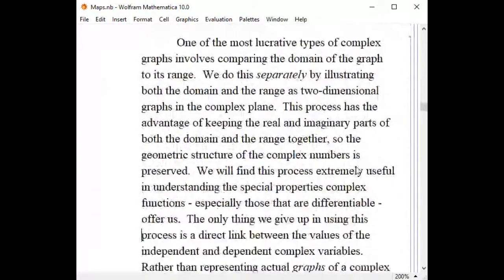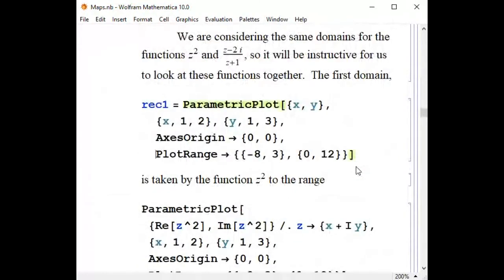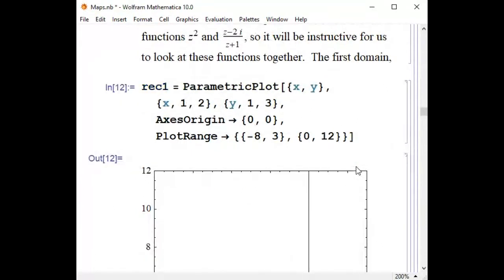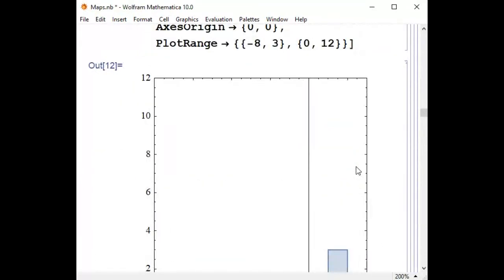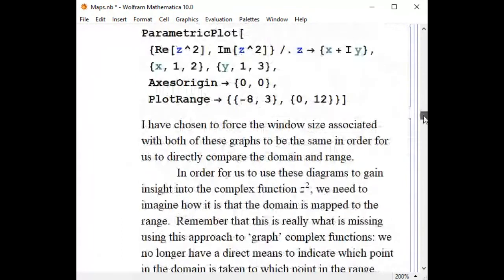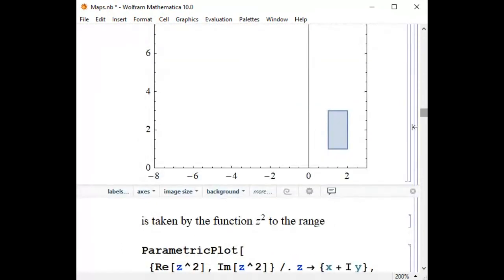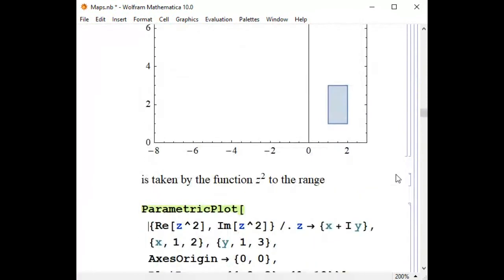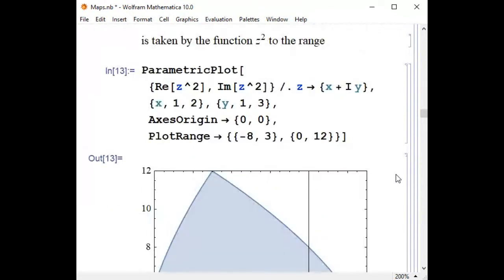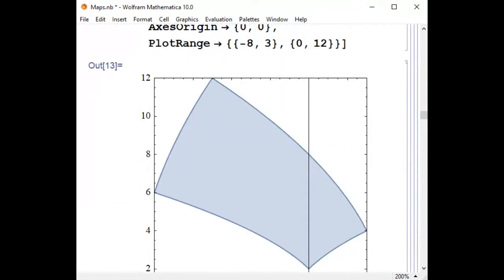All right? These are the complex maps. All right, so here is my input. There's my input rectangle. All right, and now I'm going to do z squared acting on this input rectangle. And it gives us this region, similar to what I graphed on the board.